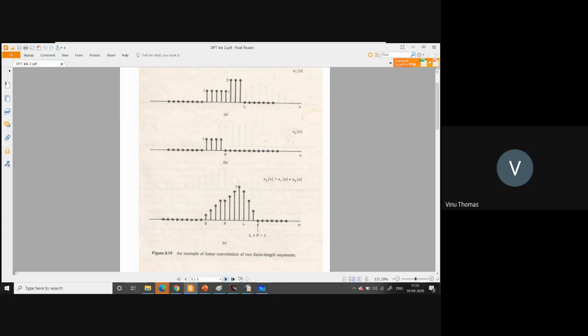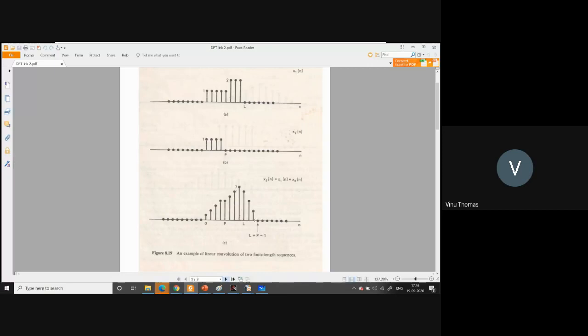When you do the linear convolution of the 2 sequences, how many samples will there be? This is an 8-point sequence and this is a 4-point sequence, so there will be 8 plus 4 minus 1, that is 11 samples. Starting from sample 0 to sample 10: 0, 1, 2, 3, 4, 5, 6, 7, 8, 9, 10.